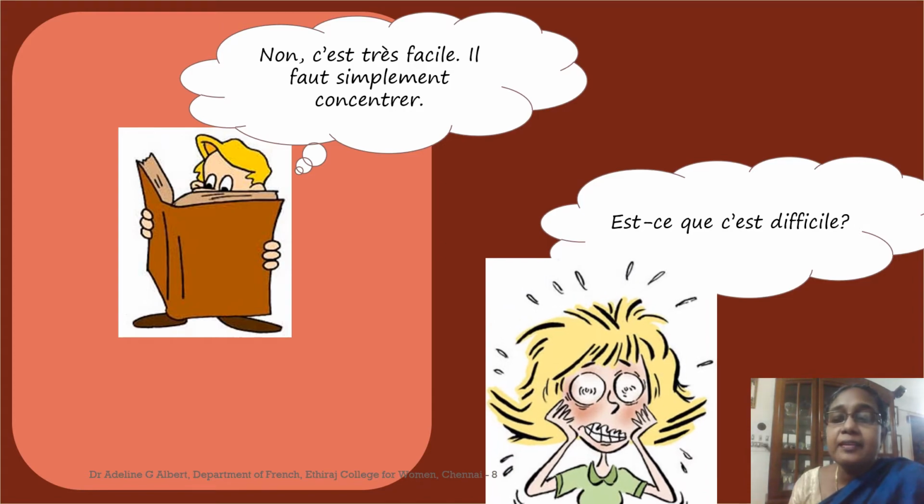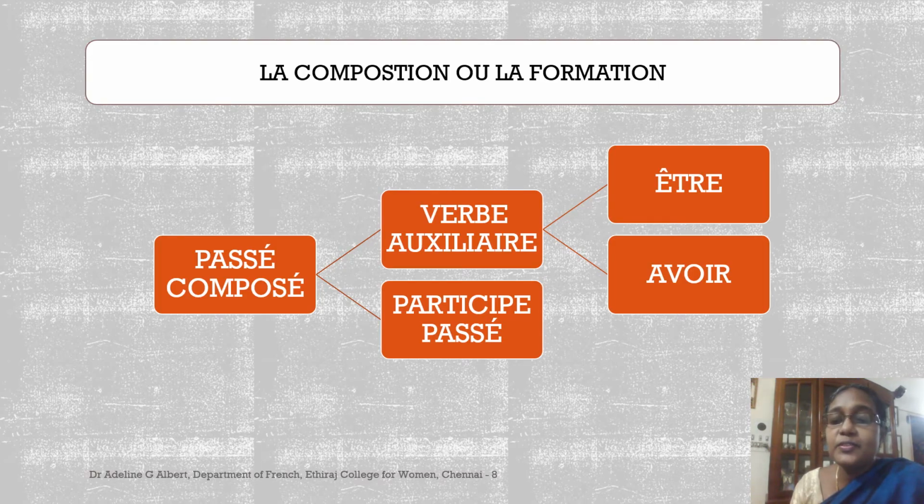Alright? Now, without further ado, let's go down into its formation, ou bien la composition ou la formation. Le Passé Composé, as you can see, has two parts. The first part is the auxiliary verb or le verbe auxiliaire, and the second part is the past participle, ou bien le participe passé.